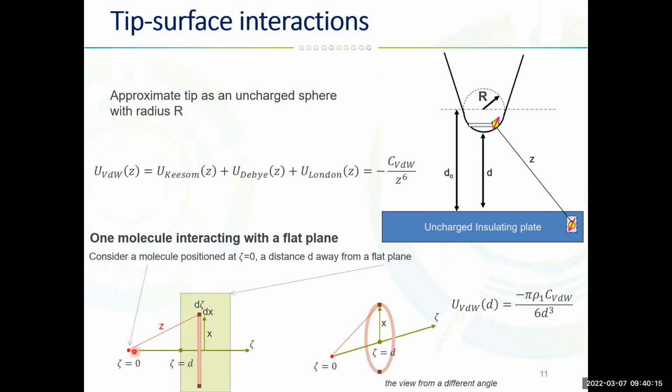So we have distance d, and then we also have z equal to 0. We're also going to assume that the interaction potential between the atom outside the plane and any particular atom inside the plane is covered by the 1 over z to the 6th van der Waals interaction potential energy.